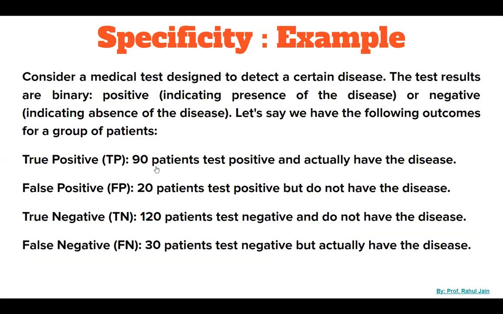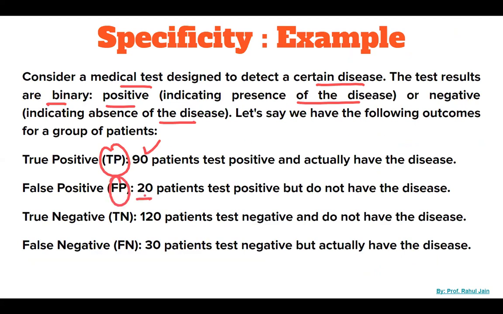So we can take one example, and with the help of that example we can learn it more. Consider a medical test designed to detect a certain disease, and the test results are binary: positive indicating the presence of disease and negative indicating the absence of disease. So let's say we have the following outcomes. True positives: 90 patients actually have the disease and test positive.